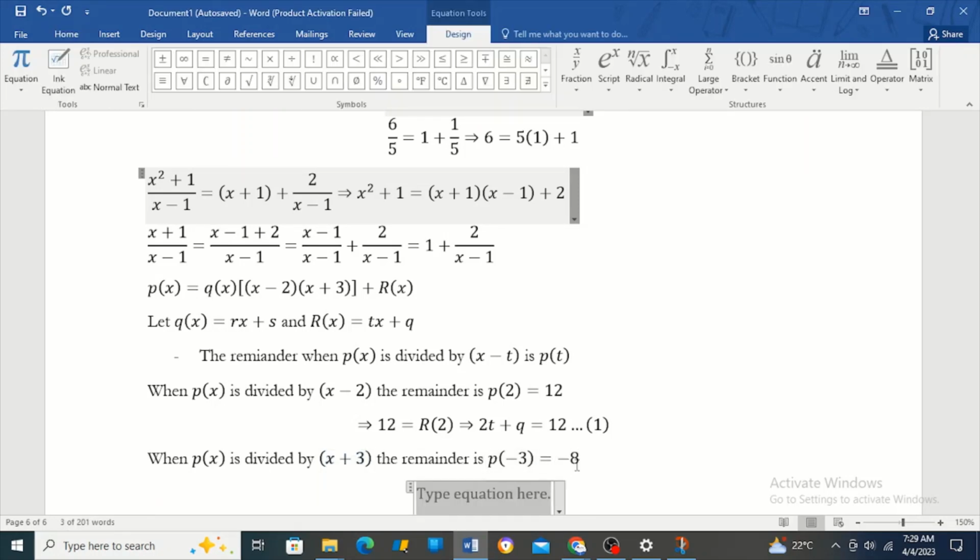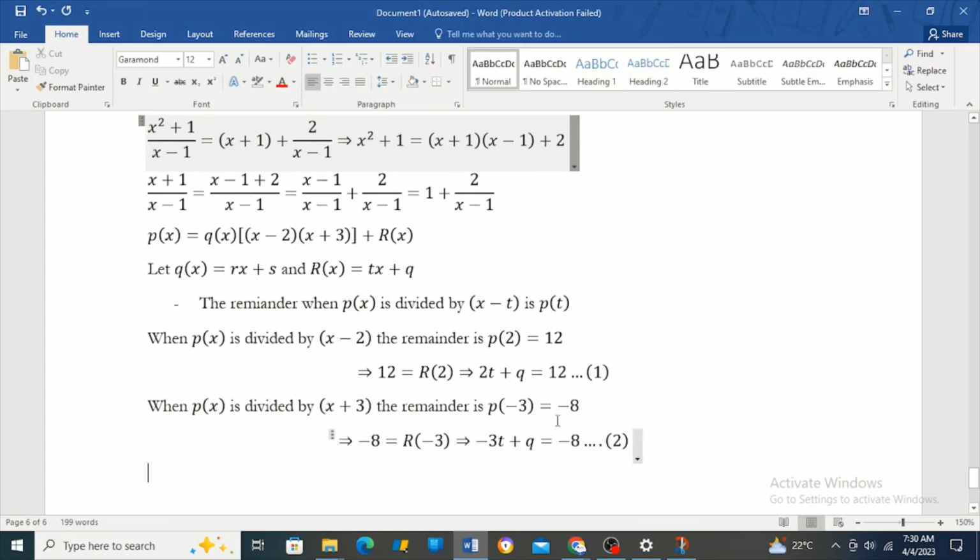Okay, so it means that negative 8 is equal to r of negative 3, because if you look for p of negative 3, it will be q of negative 3, negative 3 minus 2, negative 3 plus 3, so this will give you 0, and at the end of the day you'll be left with r of negative 3. But r of negative 3 is simply negative 3t plus q. So this means that negative 3t plus q is equal to negative 8. We can call this equation 2.